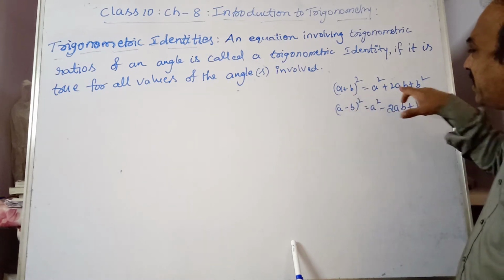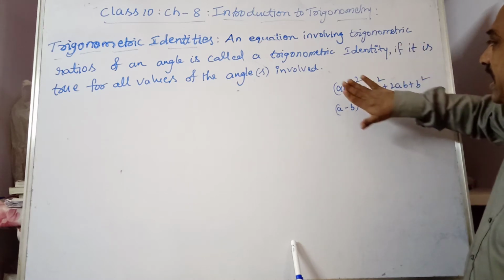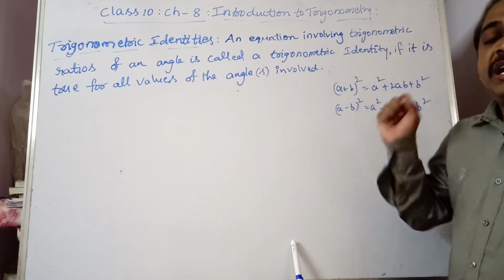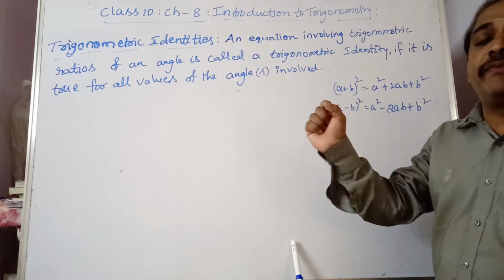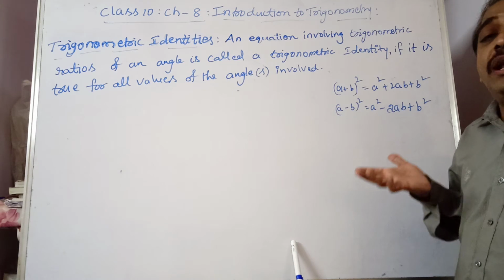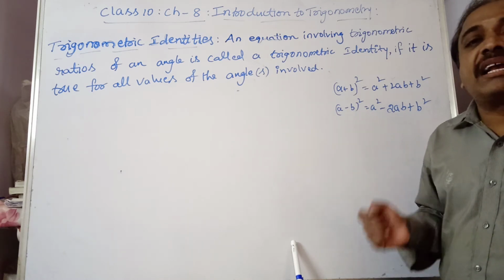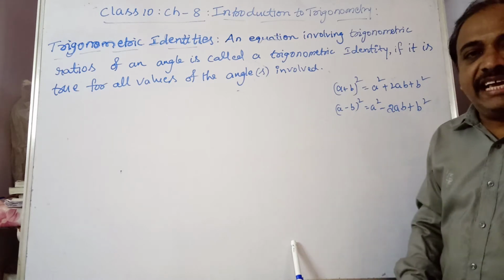Here a and b are the variables. Whatever values you put for a and b, the left hand side and right hand side hold, satisfying the whole equation. Such equations are called identities.